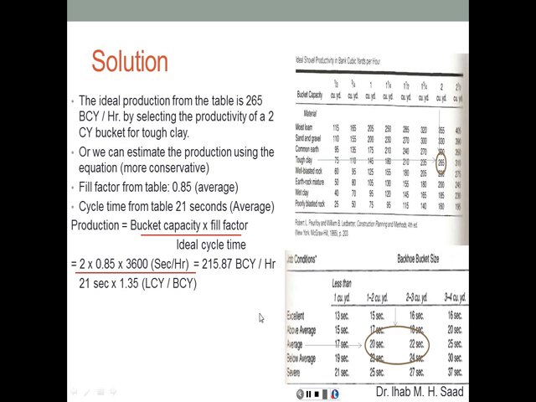What we have is exactly 2 cubic yards, so it's going to be anywhere in between, which is about 21 seconds. Therefore, the production is going to be the bucket capacity times the fill factor divided by the ideal cycle time. Now, the cycle time is given in seconds, and the production that we require is per hour, so we have to accommodate for that factor, which is 3600 seconds per hour.